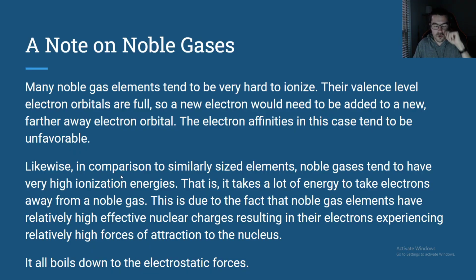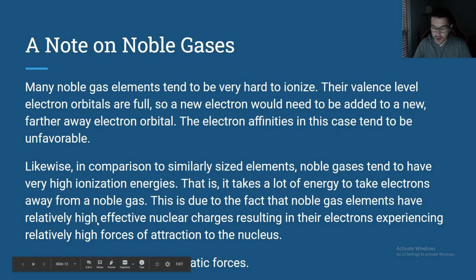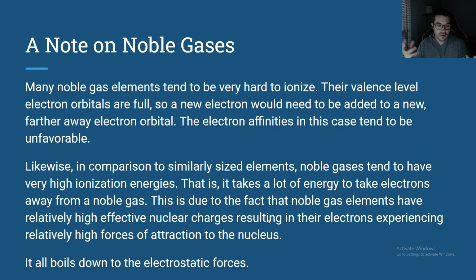And it's similar when you talk about the ionization energy, taking electrons away. Noble gases tend to have very, very high ionization energies, and that is due to the fact that noble gas elements have relatively high nuclear charges. They're on the very right-hand side of the table, which means that their electrons experience relatively high forces of attraction compared to other elements in the same row. So it's difficult to take those electrons away.